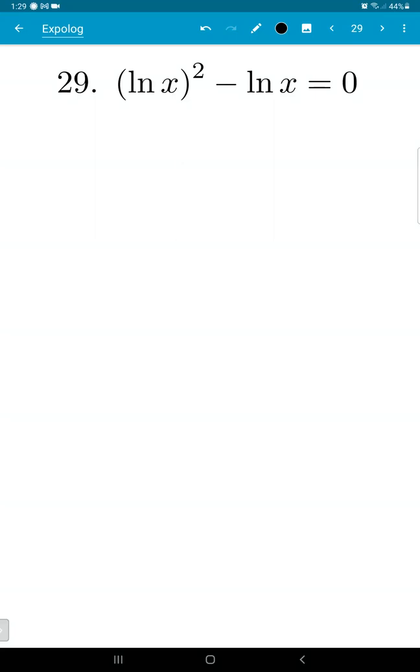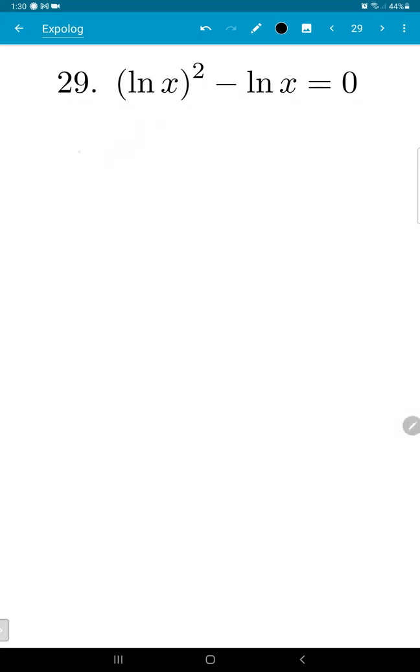Yes, x equals 1, but there's another one. Okay, that's correct. 1 and e. So how did you get e, Mr. K? Explain? Mute your mic. Okay, you used a substitution. That's also okay. Yes. Right. Okay, that's by substitution. We can do that.